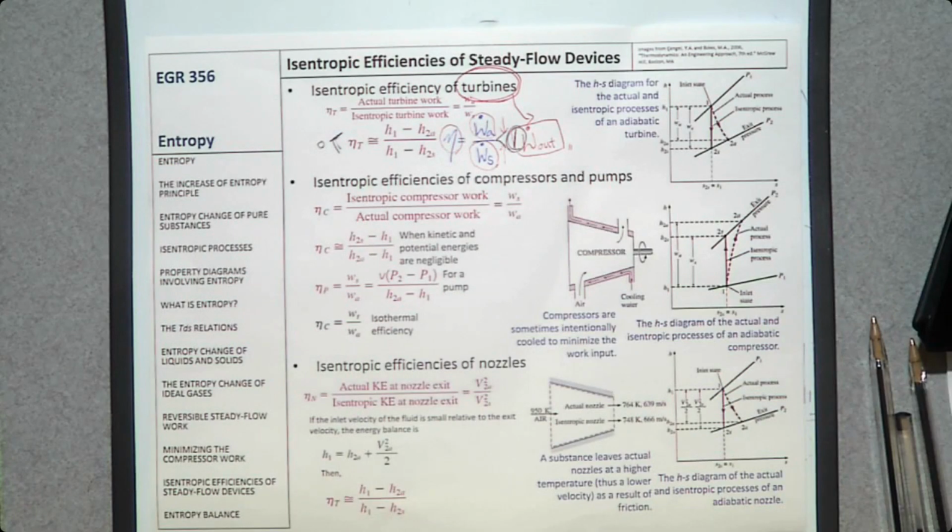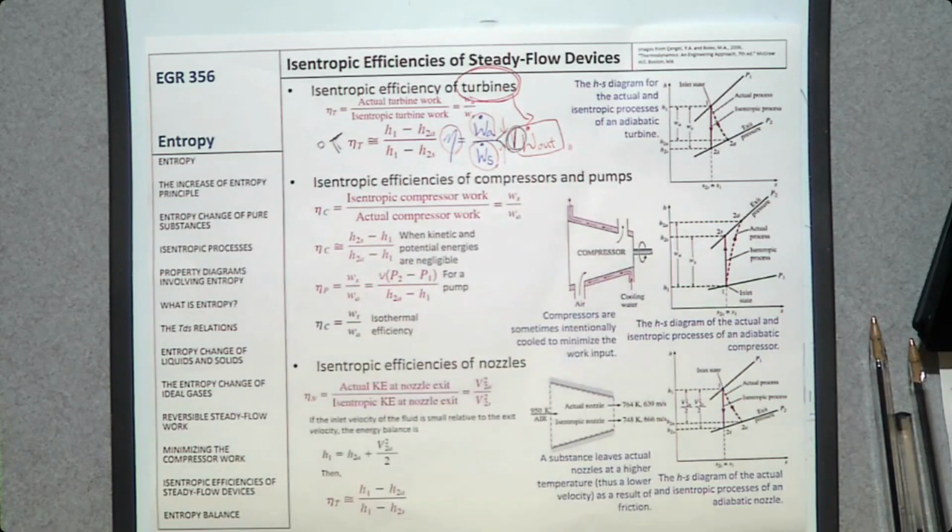In reality, actual turbines have a lot of irreversibilities. Therefore, isentropic efficiency is going to be less than 1. But if you have two different turbines, and one has higher isentropic efficiency than the other, then you can say the one with higher isentropic efficiency has fewer irreversibilities, so it is a more efficient turbine than the other.